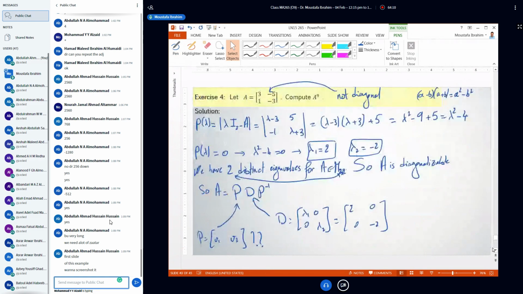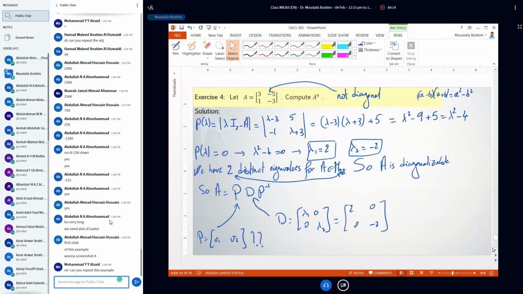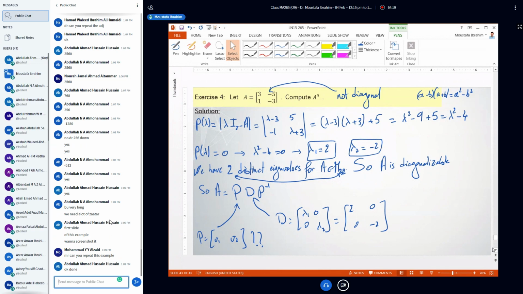Yes, Muhammad, what do you want? We did it step by step, first to prove that A is diagonalizable. Here we prove that A is diagonalizable, so we can write A as P D P minus 1. Why?